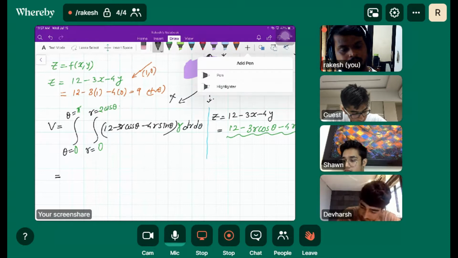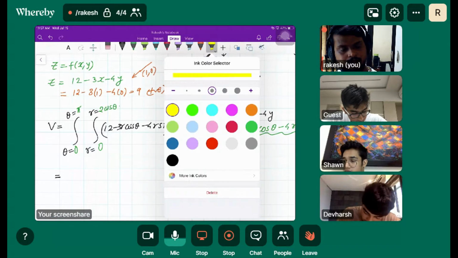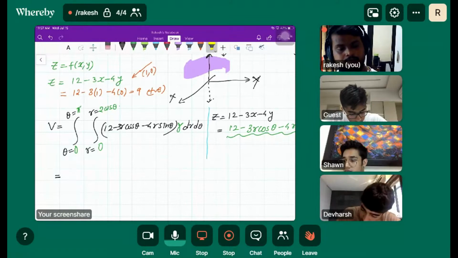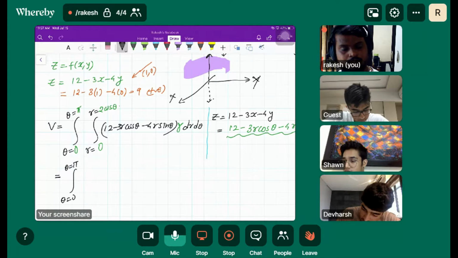So just do a few things. Theta is equal to 0 to theta is equal to pi.